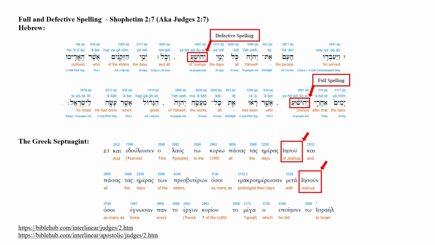This is Bible Hub's Interlinear Hebrew and Interlinear Greek for Shoftim 2 verse 7. Here we see the full spelling and the defective spelling of the name H3091 Yahushua within the same verse. The Greek Septuagint notes these as inflections of the same name, G2424 Iesous.